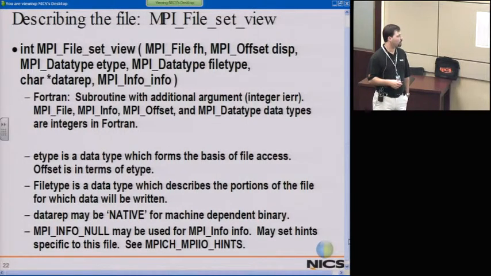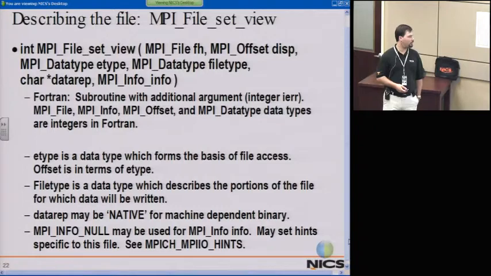As far as the arguments are concerned there, you give it a file handle described by the open command. You set an offset, so this file view can start anywhere in the file, whether at the front of it or down in there. The MPI data type etype is the elementary data type.